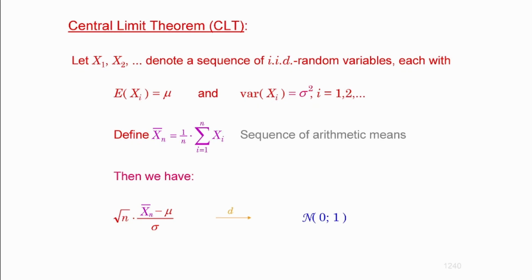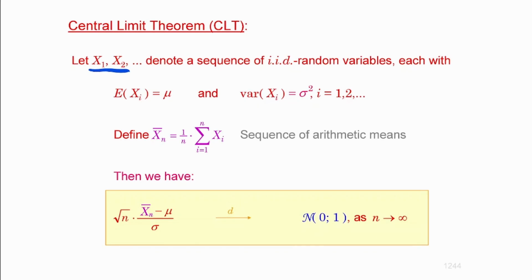And that's the claim. This is a very famous and very important one, one of the most important there is. So I would like you to consider it. This means that if those are i.i.d, which means they have the same distribution and they're independent, then the corresponding sequence of their sample means converges in distribution to the standard normal distribution according to the central limit theorem.